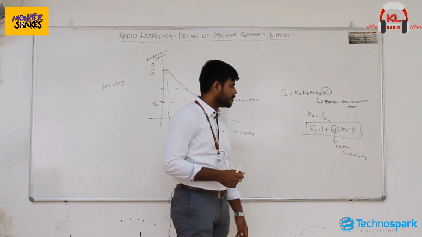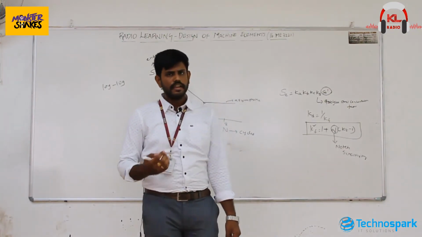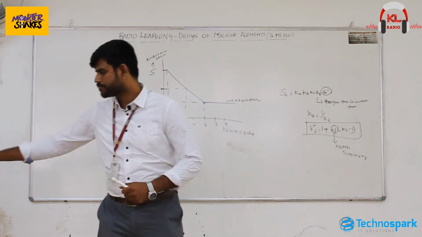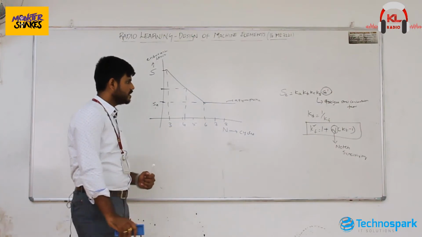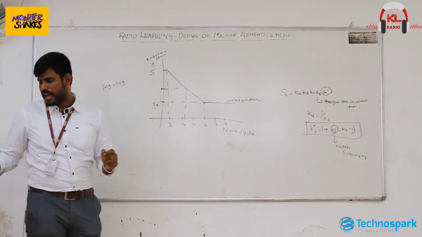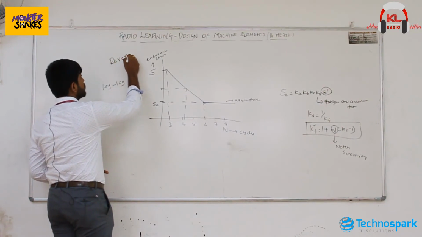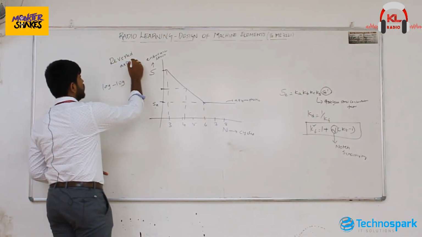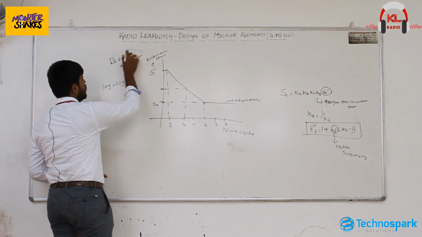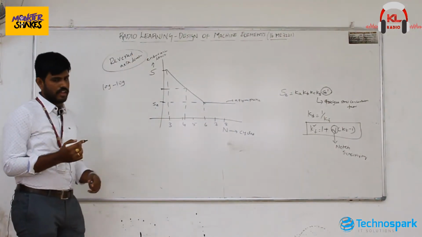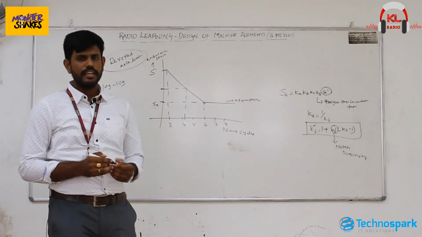So Kf is equal to 1 plus q into (Kt minus 1). This is under completely reversed axial loading. Now the only thing that is left is alternating stresses.